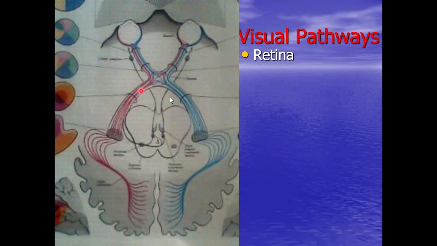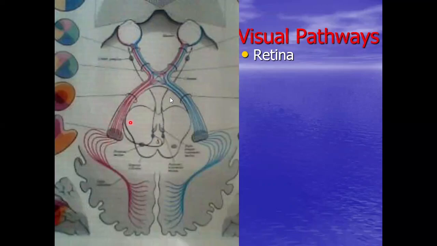Then we have the optic tract. The optic tract is a bundle of axons. So this terminates at the lateral geniculate body, part of the thalamus. The synapse is at the level of the lateral geniculate body.